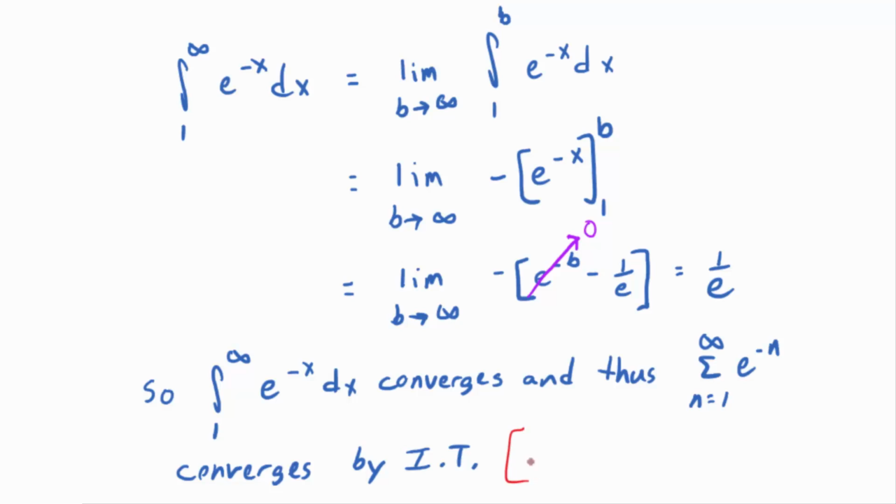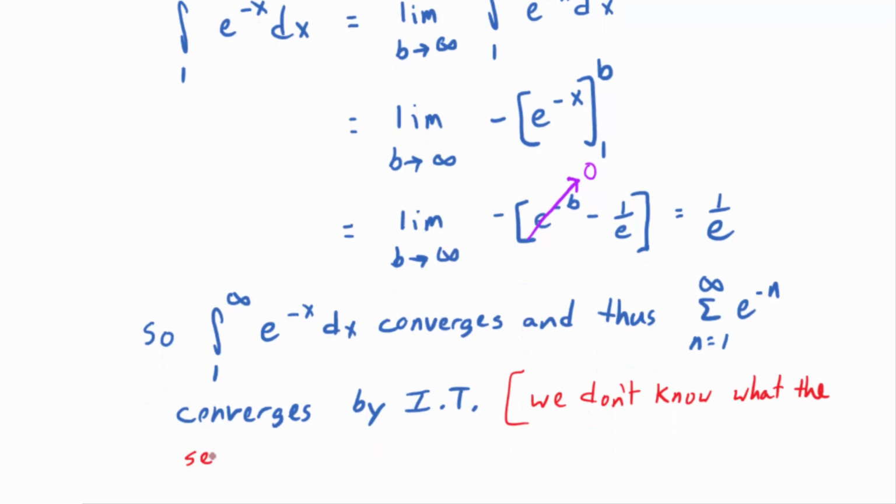I'll put that in brackets. We don't know what the series converges to. I can almost guarantee you it won't be the same thing as the related integral. We just know that it converges. That's the best we can do. Okay?